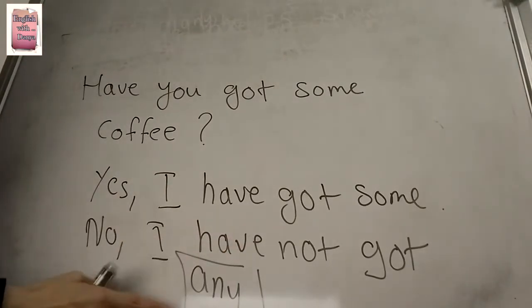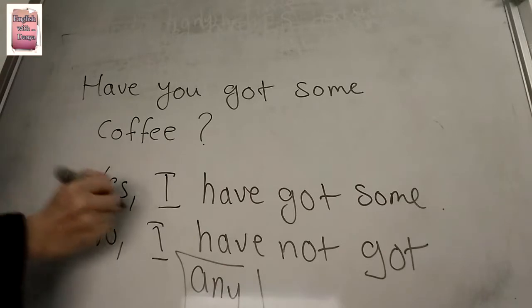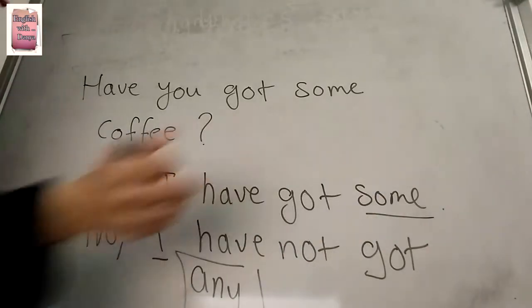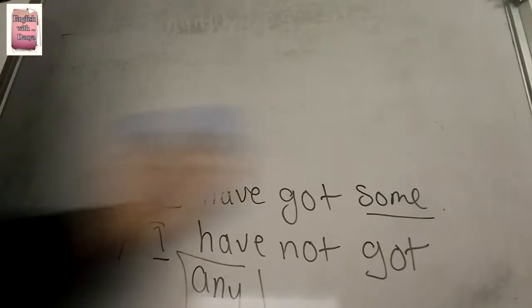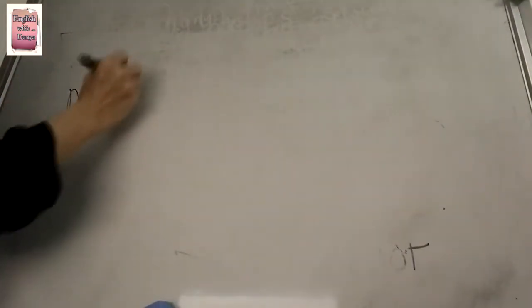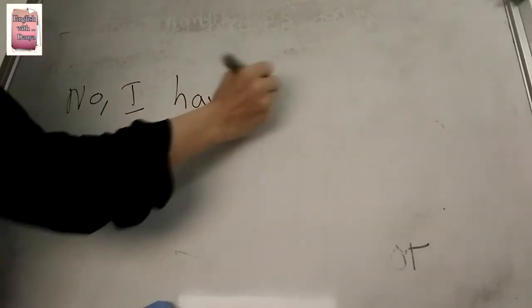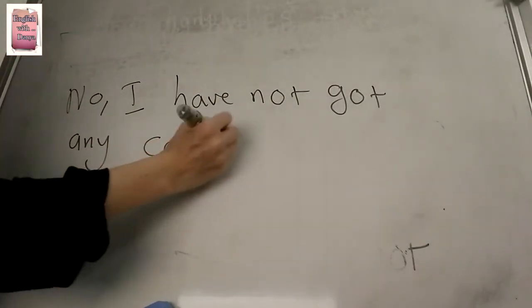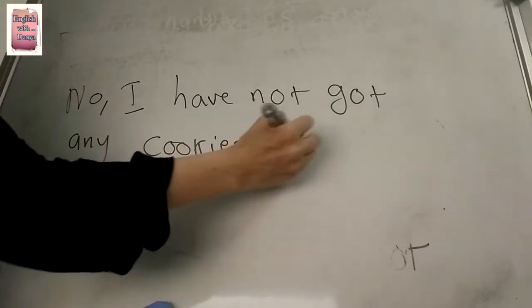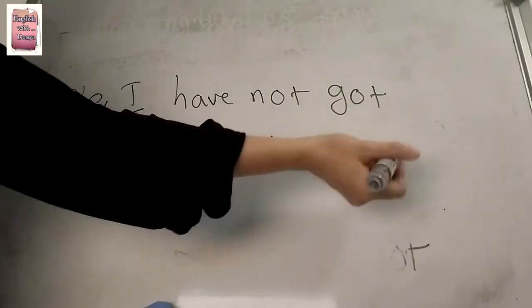So you have to be careful on this, okay? If the answer is yes, then we use some. And if the answer is no, we use any. No, I haven't got any cookies in my bag or in my lunch box, for example.